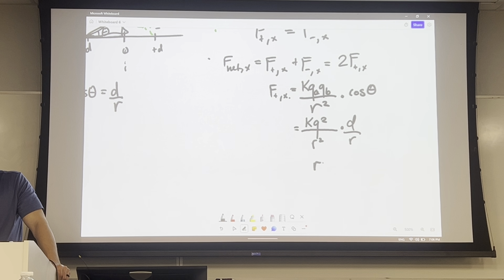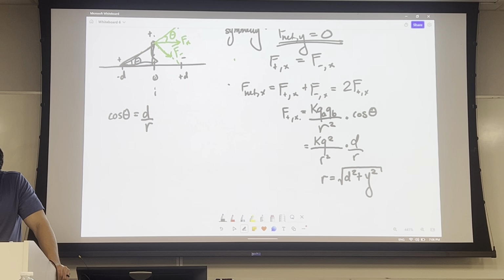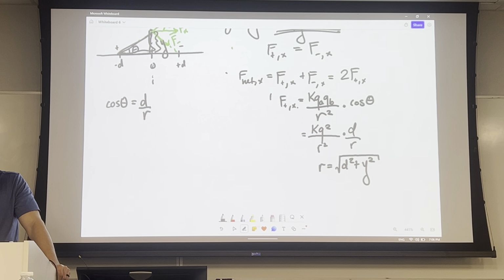But what is r? Using Pythagorean theorem, we know that this is the square root of d squared plus y squared, where this distance is y. So when we put all those things together, then we get the net force in the x direction is 2 times kq squared d over d squared plus y squared raised to the 3/2 power.